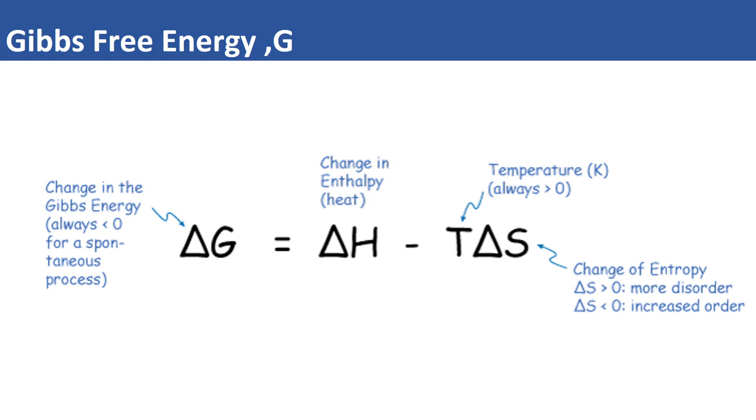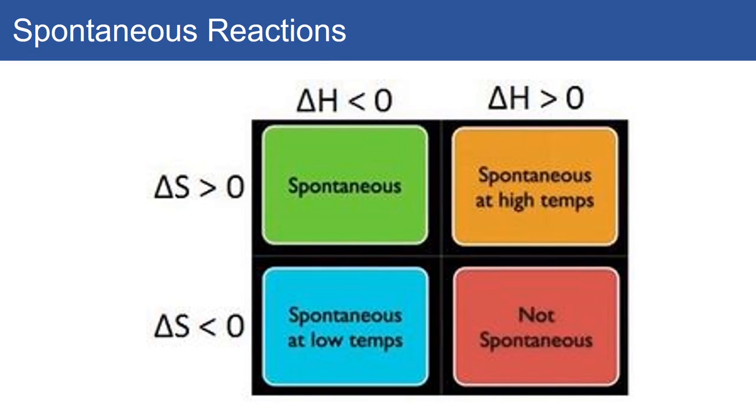The change in Gibbs free energy for a reaction can be quantitatively measured, and the energy is required to do work. And it's related to, again, the difference between the enthalpy and the change in the entropy. So commonly you'll see that Gibbs free energy is a measure of how spontaneous a reaction is, and this chart gives you an idea. If you have a delta H that's less than 0, a reaction will be spontaneous if the delta S is greater than 0.